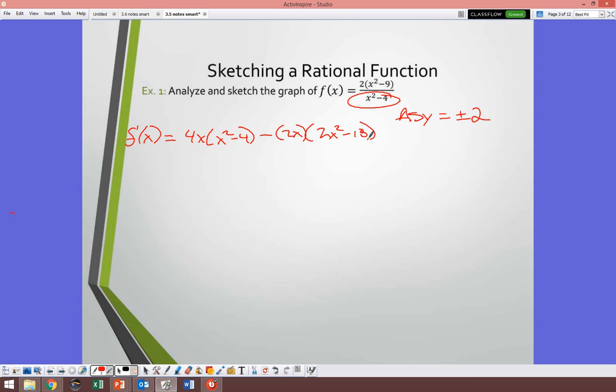We just distribute. I'm going to have to distribute anyway, so might as well distribute at first. I just want to show that the 2x is the derivative of the bottom, just like the 4x was the derivative of the top. All this is going to be over x squared minus 4, squared. Clean it up.